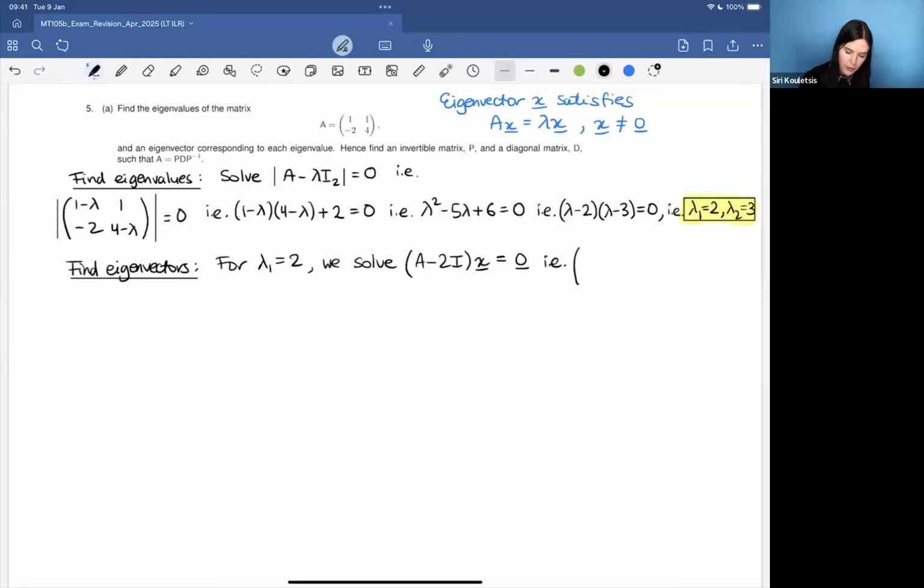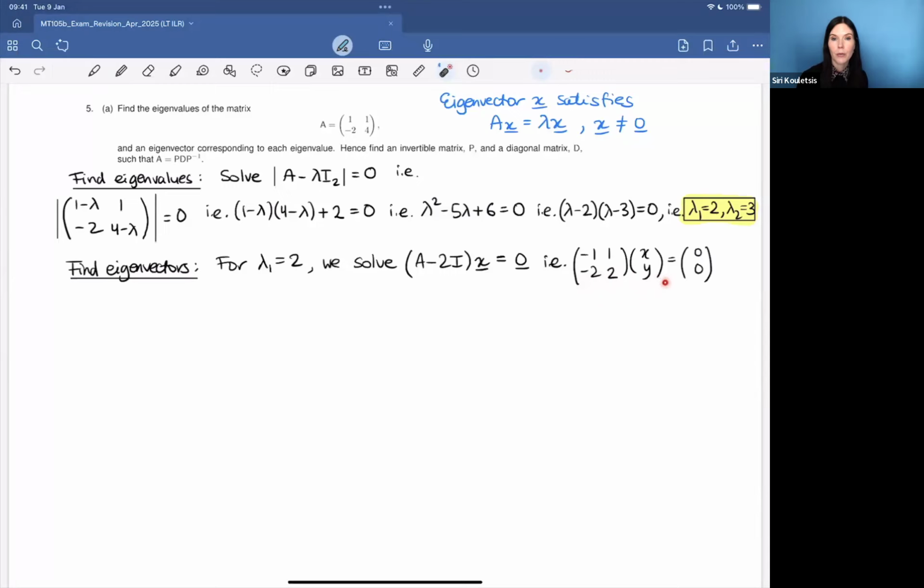And so writing out this system then, we deduct 2 from the diagonal of A. Of course, this is a system we are solving. And it's not a surprise to see that indeed the second equation here is a scalar multiple of the first.